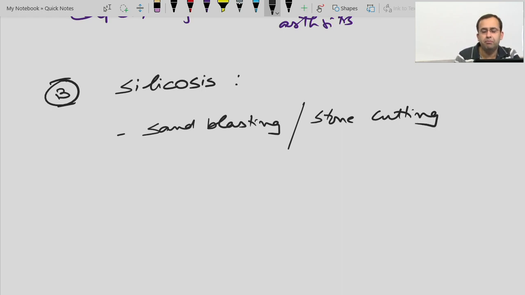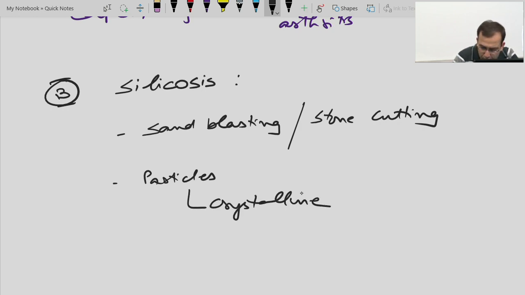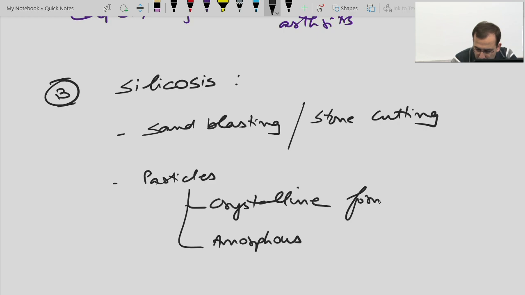Next point, the particles in silicosis. They can be of two types: the crystalline form or the amorphous form.